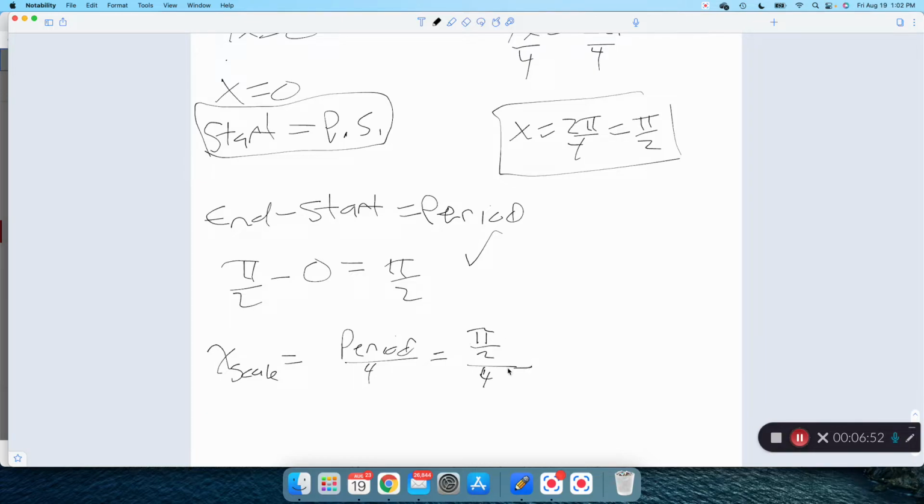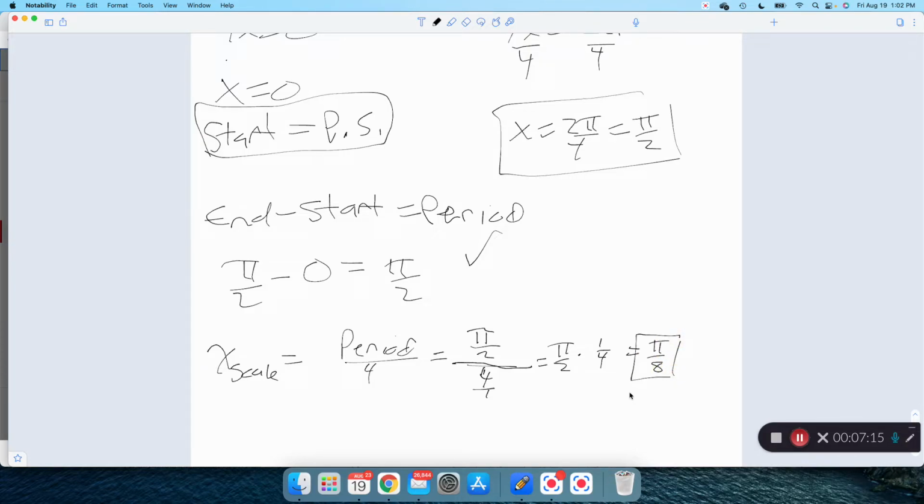This is a fraction divided by a fraction. So pi over 2 times 1 over 4. Keep, change to multiply, flip over. That's really 4 over 1, 1/4. My scale was pi over 8.